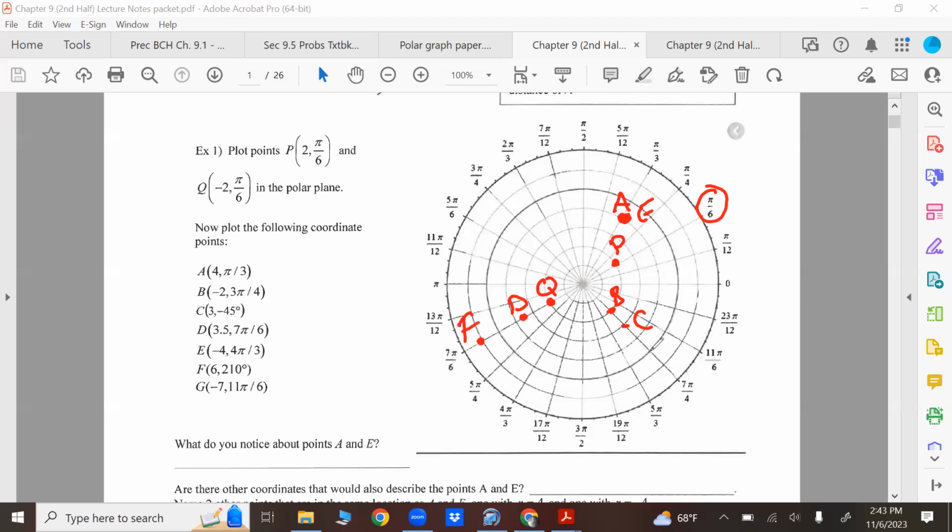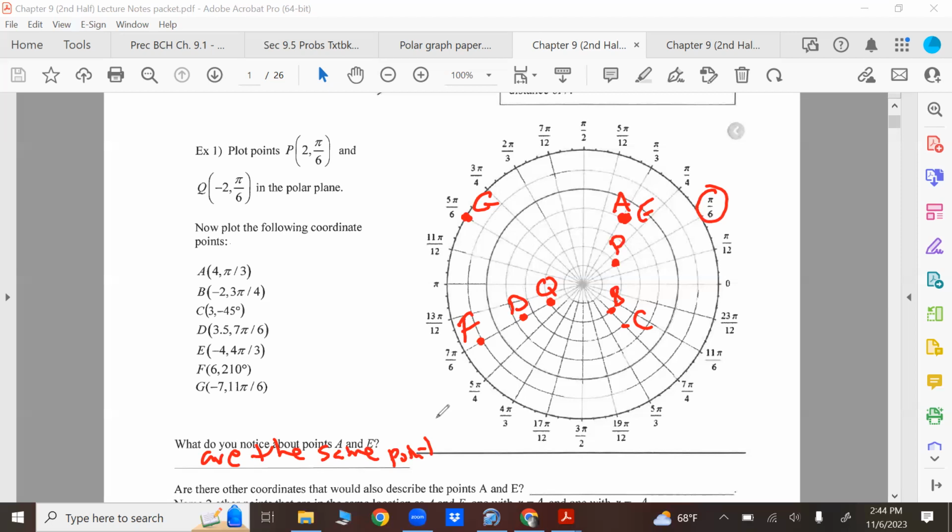G, 11 pi over 6, and -7. 1, 2, 3, 4, 5, 6, 7. Okay, and A and E are the same point.